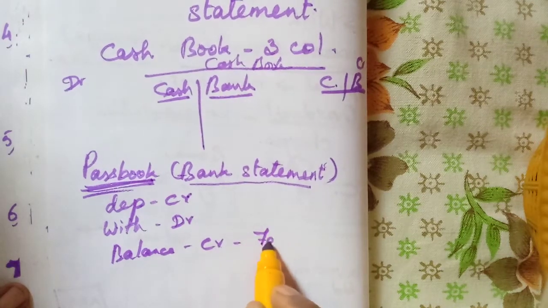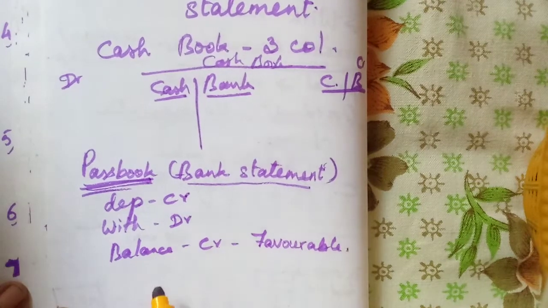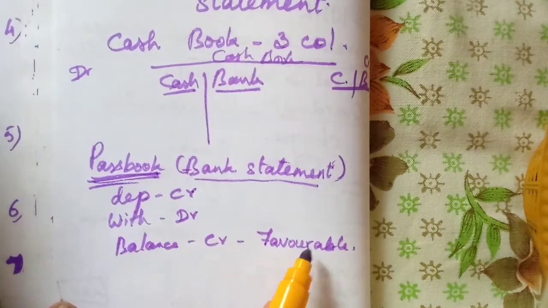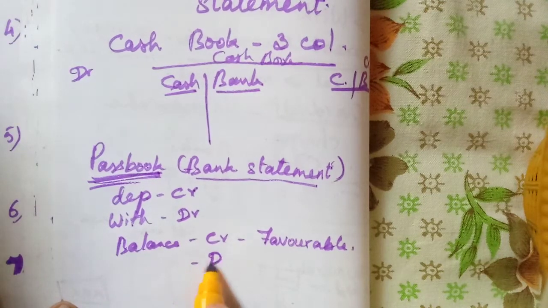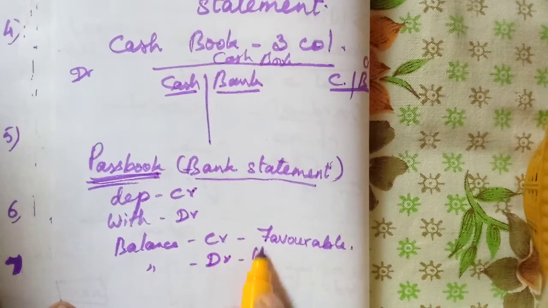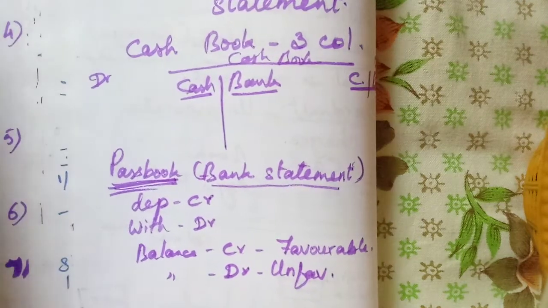That is the favorable balance. We can say it is good. If we have more credit, that is favorable. But the balance may show debit also. That is an unfavorable balance.